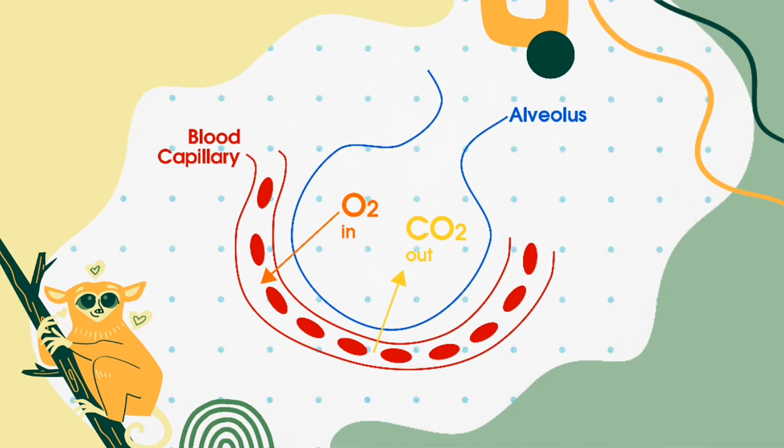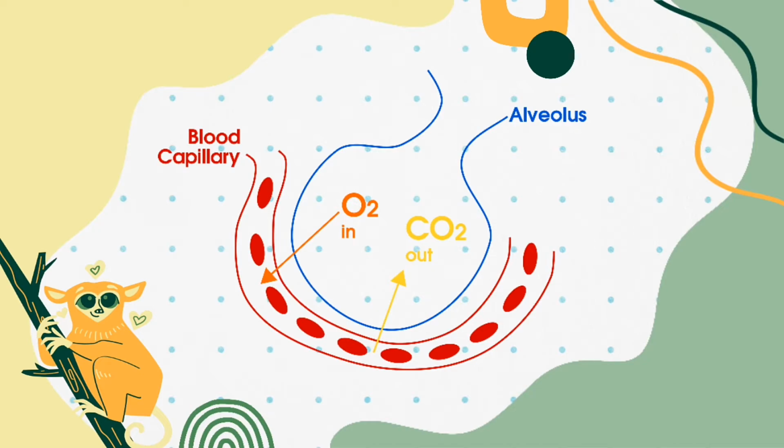When the oxygen mixes with the blood in the capillary, the blood that is rich in oxygen, called oxyhemoglobin, is transferred to the heart. We all know the function of the heart: it is the pumping machine that helps to circulate blood around the entire body.